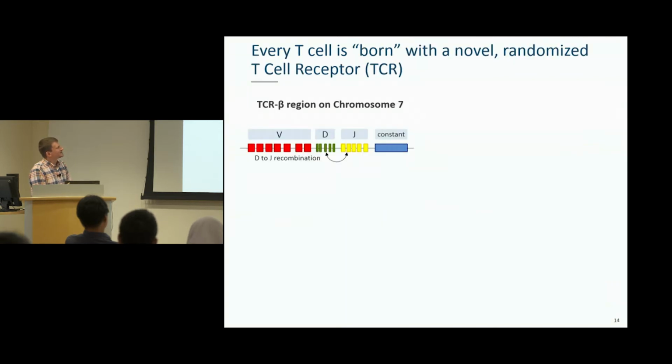So the way this works is that every T cell is born with a novel randomized T cell receptor. In the genome, we have a region called the TCR beta region, and it's set up with little segments that are kind of like exons, but not really.